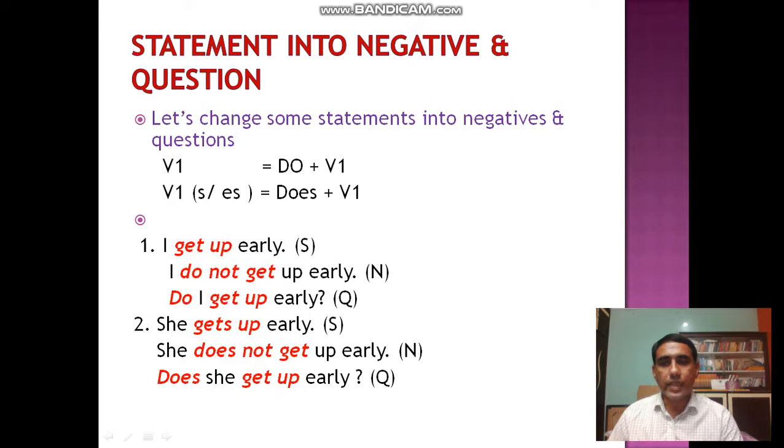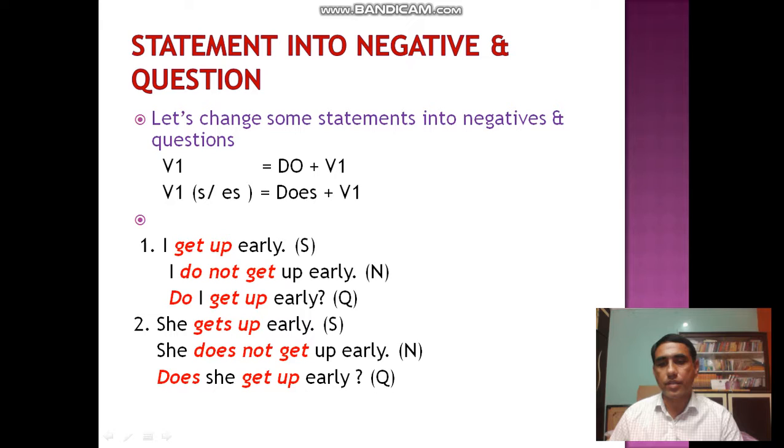So it consists of do plus V1. So I change the sentence into negative. I do not get up early. I repeat, I do not get up early. Understand, boys? How get turn into do not get in negative. Then in question it turns: do I get up early?